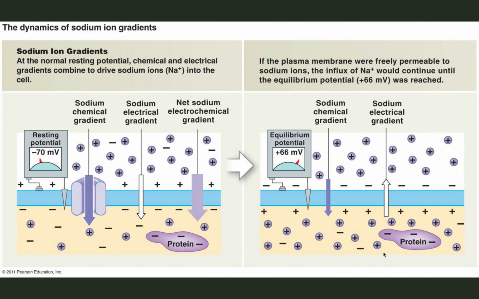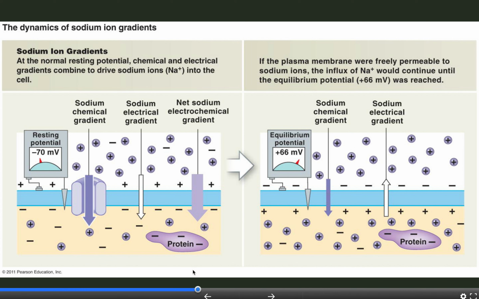Now if the cell was only permeable to sodium, the sodium concentration is higher outside the cell, so the chemical gradient would pull it in. And sodium is also positively charged, so the electrical gradient would be pulling it in too. The ions would continue to flow in until the cell reached a charge of plus 66.